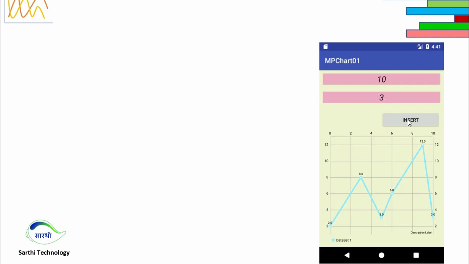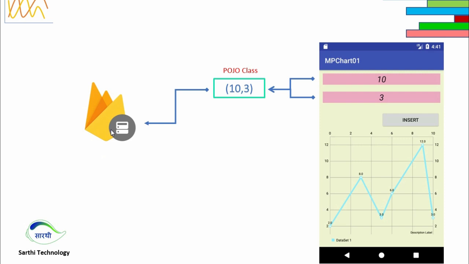When we click this insert button, this X and Y value will be wrapped in an object and this object will be saved in the Firebase database. At the same time, we will fetch the value from the Firebase database and show it in the form of an MP chart. For this entire process, we will use three methods.